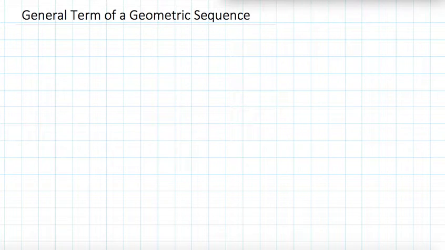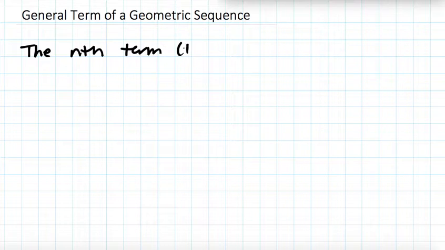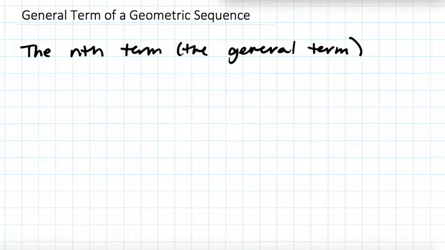Next, we're going to have a formula for the general term of a geometric sequence. Just like we had with arithmetic sequences, this formula allows me to find any term by plugging in. So if I want to find the nth term, or the general term, this is the formula that I can plug in to find specific terms of a geometric sequence.